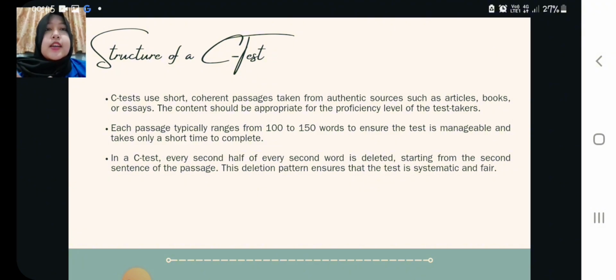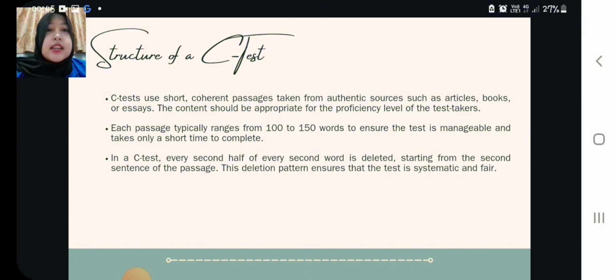This length ensures that the task can be completed in a short time, usually about 15 to 30 minutes, making it efficient for both the test taker and the administrator.